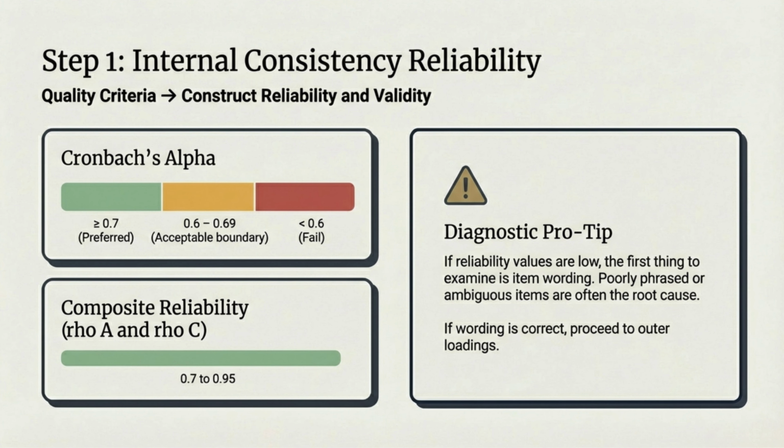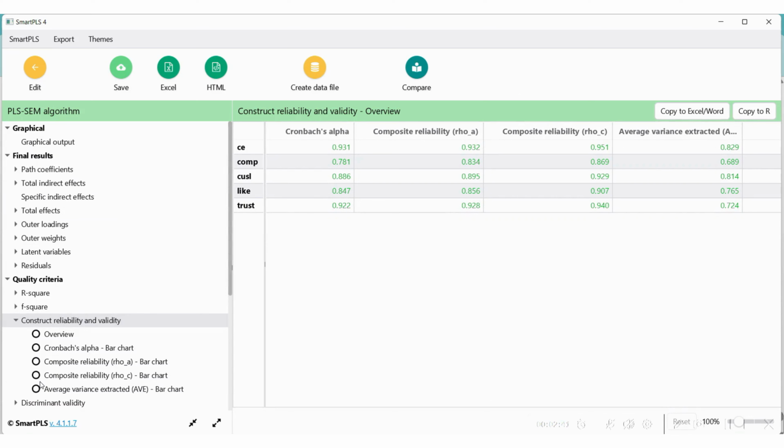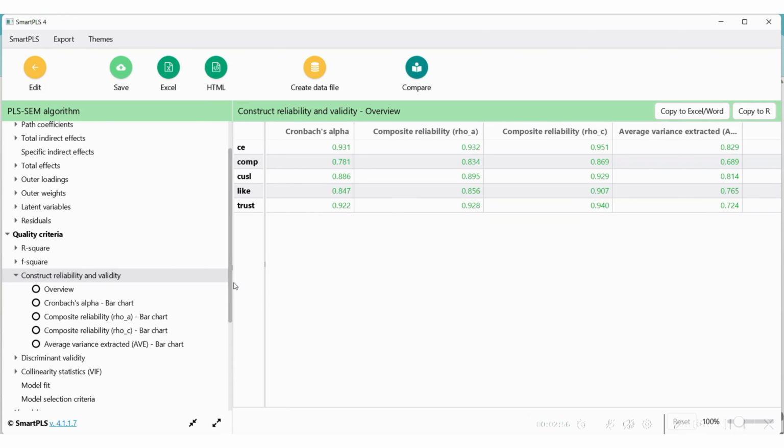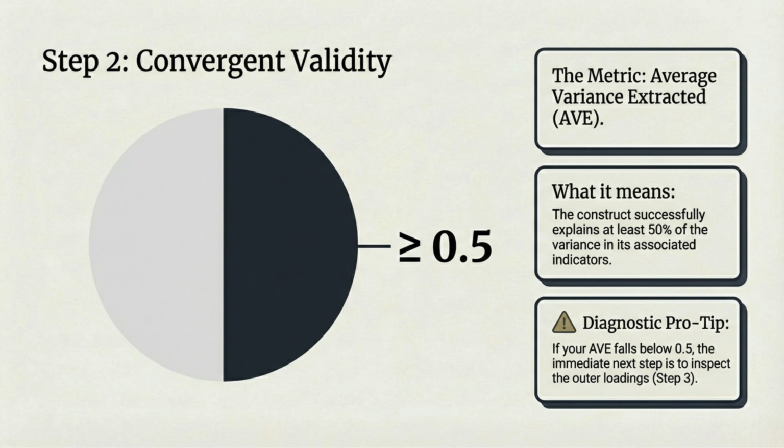The composite reliability should be between 0.7 and 0.95. If the reliability values are low, the first thing to examine is item wording. Often, poorly phrased or ambiguous items in the questionnaire reduce the reliability. If the wording is correct, then you can move to the outer loadings to find what the problem is and where the problem exists.